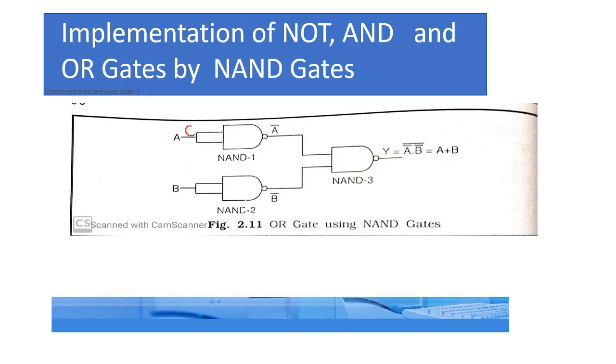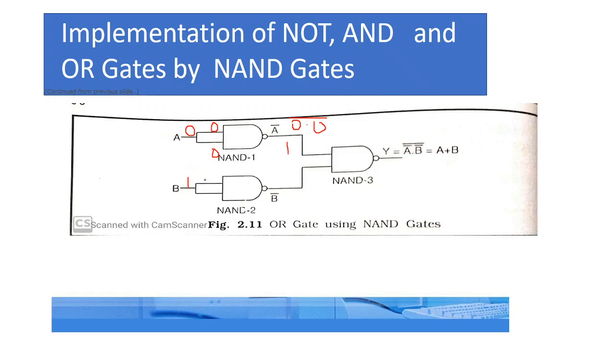Suppose A is equal to 0 and B is equal to 1. So the A input, 0, is applied here and 0 is applied here twice. The output of this NAND gate is (0 dot 0) and its complement, which means (0 dot 0) bar, and its output is 1.